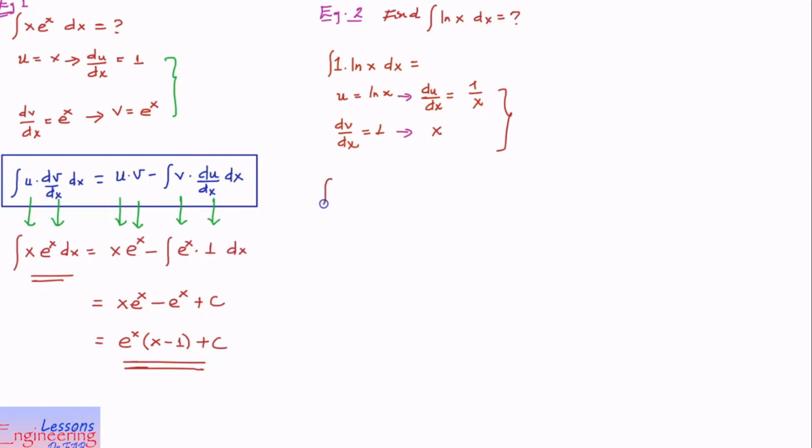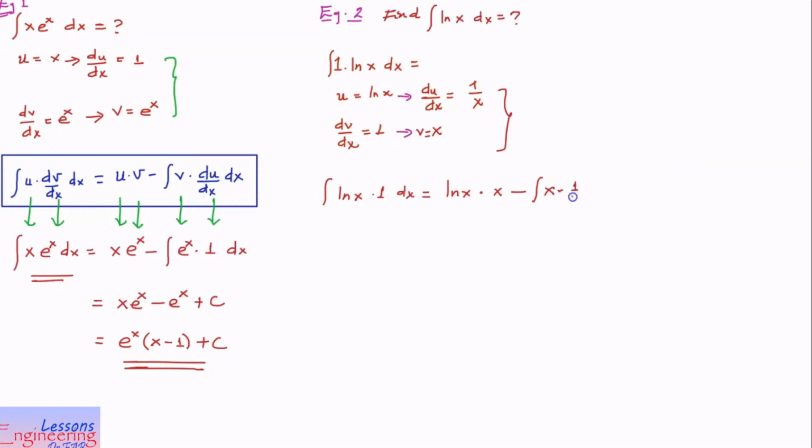That will be the integral of u, which is ln x, and dv by dx is 1, dx. This equals u times v, where u is ln x and v is x, so x ln x, minus the integral of v times du by dx. Mind you that our v is x here, and du by dx is 1 over x.